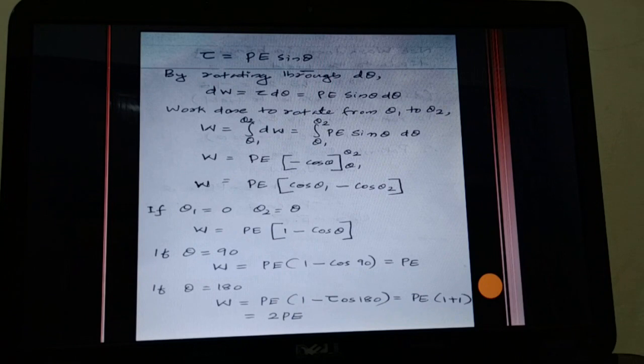So by rotating a dipole from parallel to the perpendicular direction, you have to do work equal to PE. To make it a 180 degree rotation, you have to do work equal to 2PE. Okay, now we have seen how much work is required to rotate a dipole in an external uniform electric field.